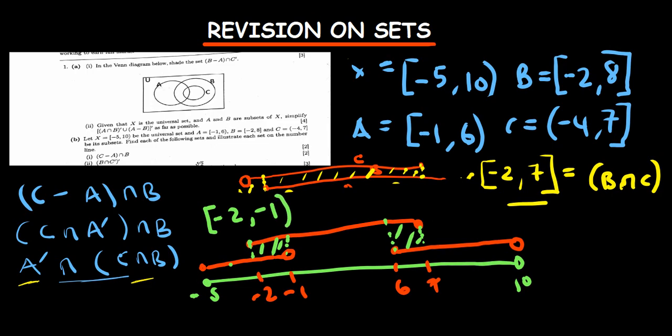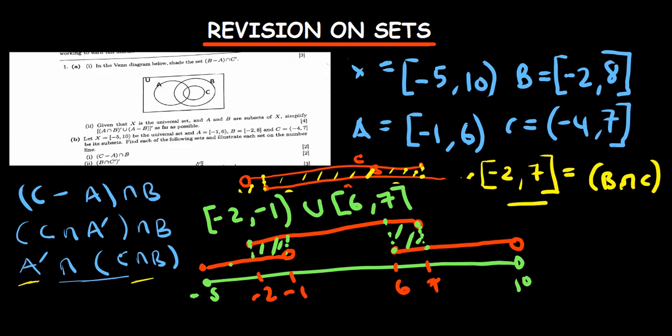Then, union, I write my second part. I have 6, closed at 6, and 6 is in the set B intersect C, so it will be closed at 6. Then I have 7, closed; it's part of B intersect C and also part of A complement, so it will be closed at the end.